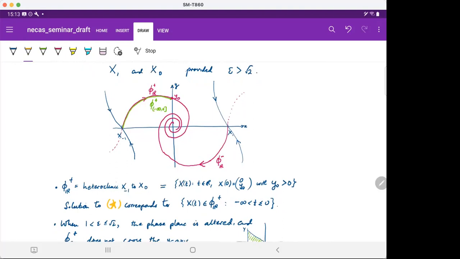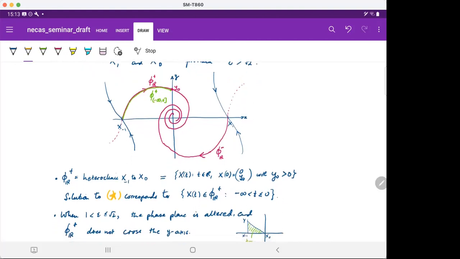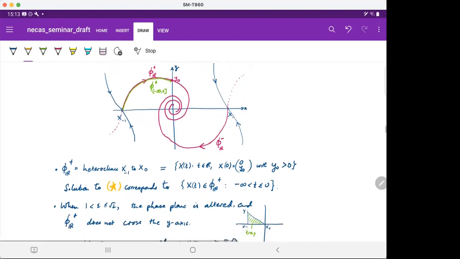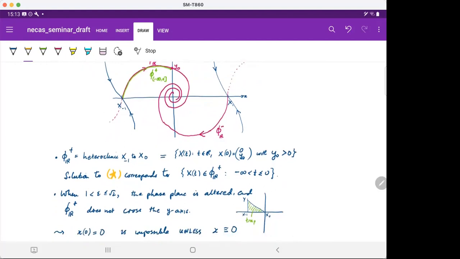Otherwise, if epsilon is less or equal to root 2, this is a very nice observation due to my co-author, Jonathan Dean. He realized that any trajectory entering this little green triangle here, which I've labeled trap, any trajectory entering that triangle can never escape. And so you find in particular that trajectories emanating from, say, x minus 1 can never cross the positive y-axis.